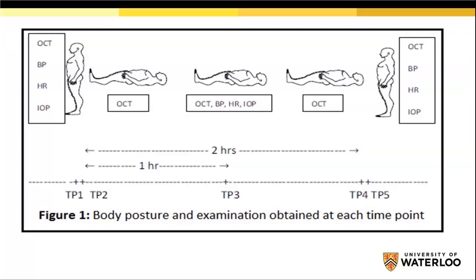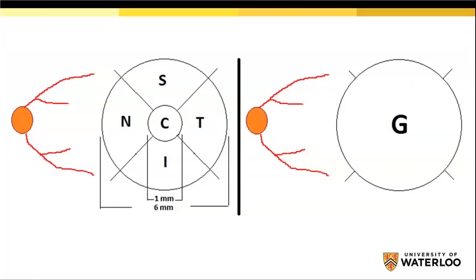We measured retinal thickness in these quadrants. The diagram on the right shows the global area, and we then dissected that into a central area of 1 millimeter diameter and superior, nasal, temporal, and inferior sectors. Next slide, please.